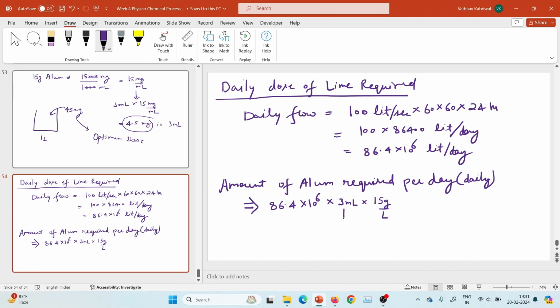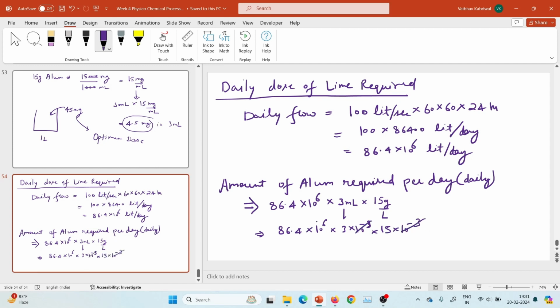Let's convert this into liters: 86.4 into 10 to the power 6, 3 into 10 to the power minus 3 liters, and convert this into kg.